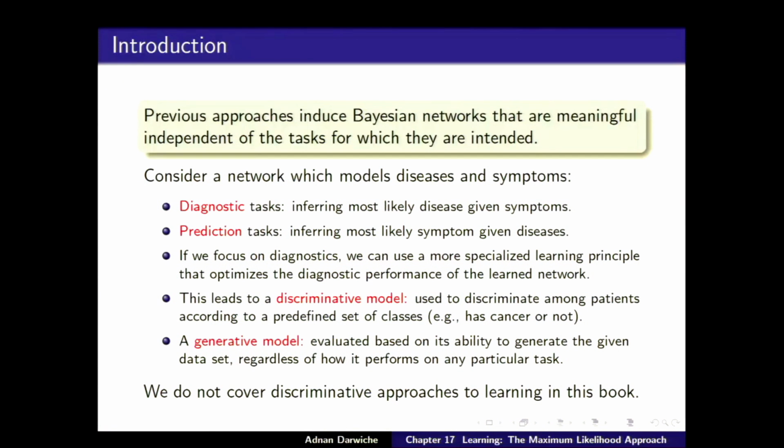So you've got these two principles. One is task specific, one is not task specific, and each one of them has its own objective function.